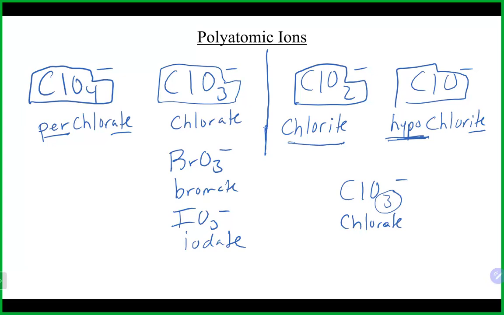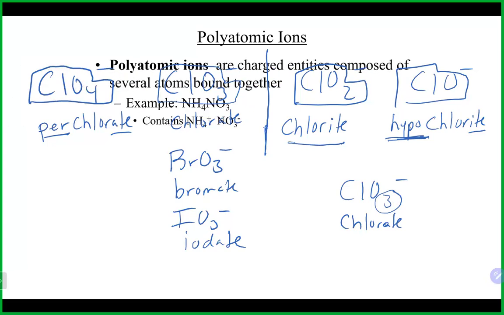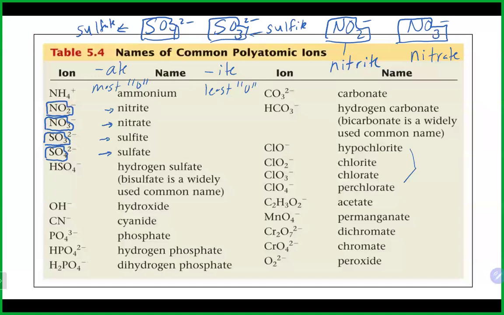Now, there are some other things that you'll see on this table, any of these tables. For example, right here, if you take this guy, CO3 2 minus, that is what is known as carbonate. If I take that guy and throw a hydrogen in front of it, an H plus, I get HCO3 minus. I put a hydrogen on it, +1, -2, -1.